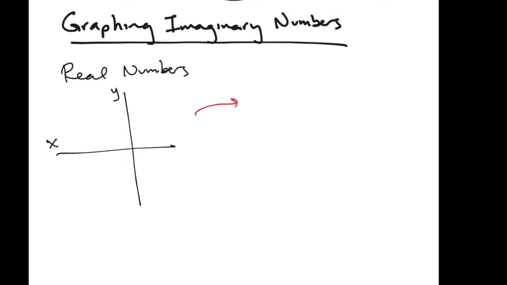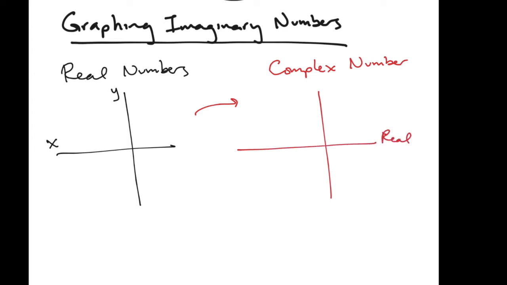But now we're going to have the complex numbers, and this is going to be the complex axes. So it's very similar, but now this is considered the real axes for the real numbers, and the one vertically is going to be the imaginary axes.